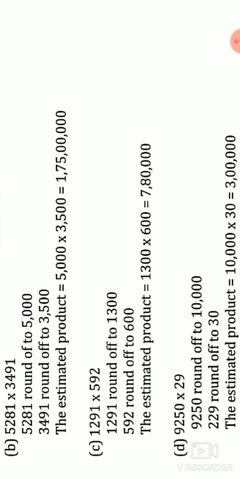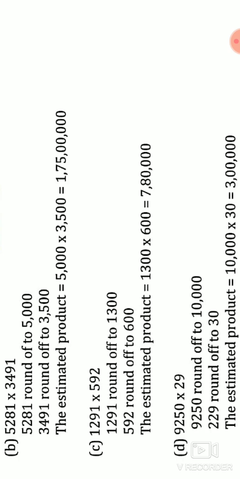Therefore multiply 5000 with 3500 so that you will get the estimated product of 5281 into 3491. In 5000, 3 zeros are there. In 3500, 2 zeros are there. 3 plus 2 is 5 zeros. Therefore write 5 zeros as it is.